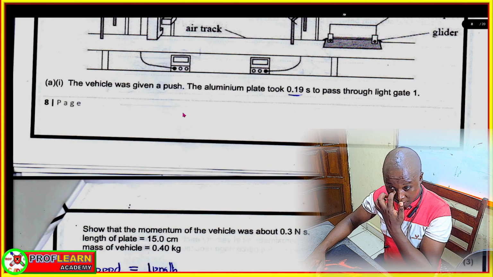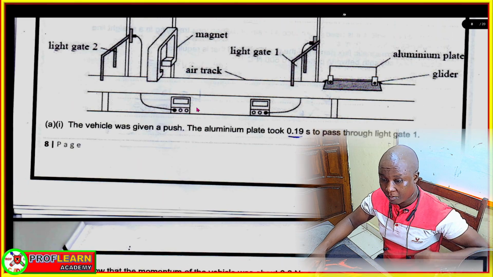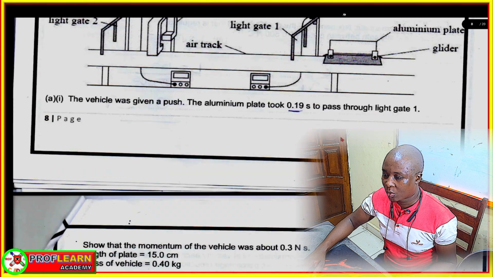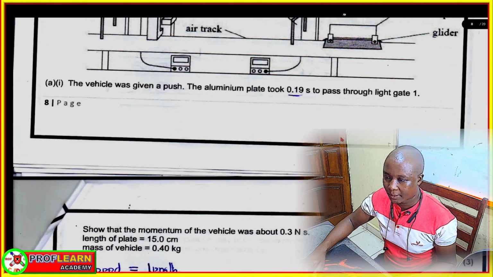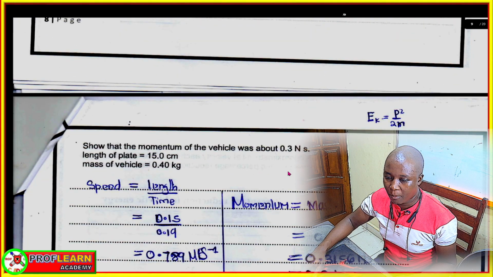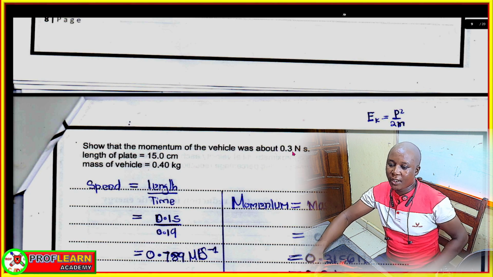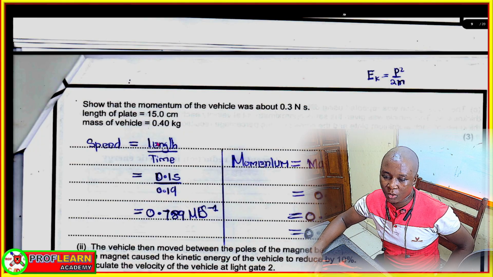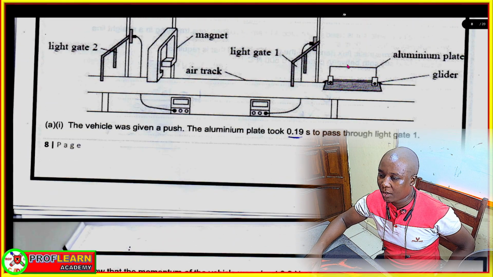The vehicle was given a push. The aluminum plate took 0.19 seconds to pass through gate 1, this gate 1 here. Then you are supposed to show that the momentum of the vehicle was about 0.3 Newton seconds. Remember, speed is going to be the length of this aluminum plate divided by the time it takes to run across there.